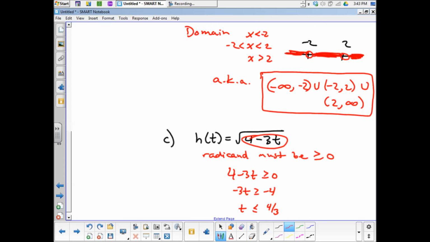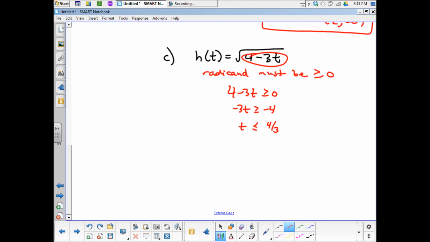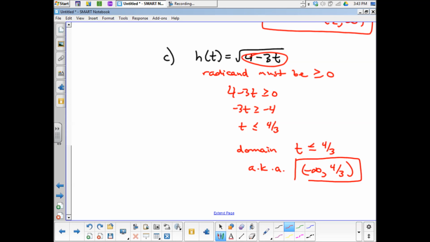Notice that I had to flip the inequality around. Okay, this is your domain. So your domain is basically t is less than or equal to 4/3, or you can write negative infinity to 4/3 if you're using our new interval notation.